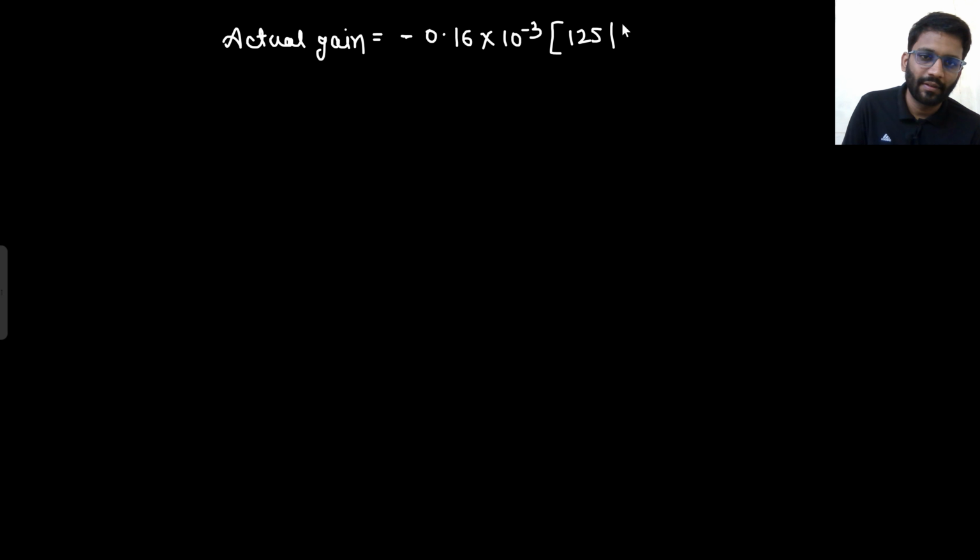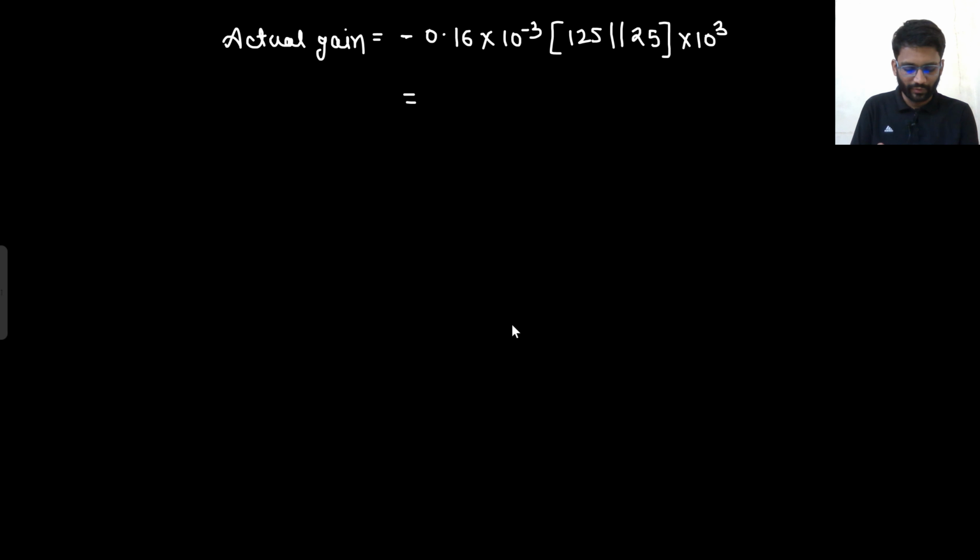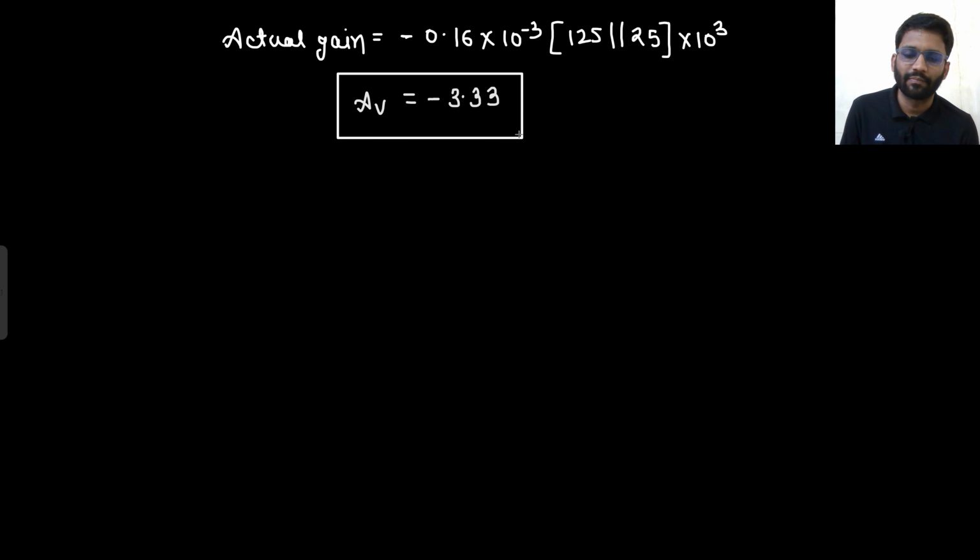These are in kilo, so I will write 10 to the power 3. 125 into 25 divided by 150, that is 20.833 into 0.6 into 0.16. That is 3.33. So minus 3.33 is your actual gain. So this is your final answer.